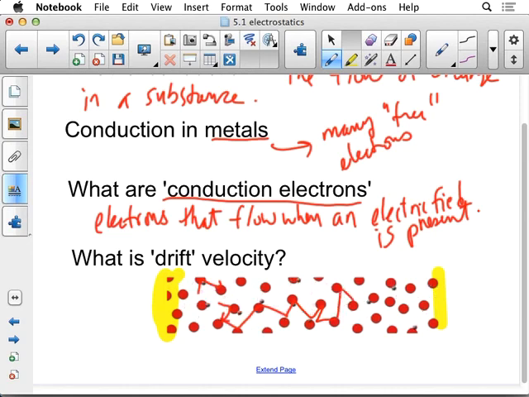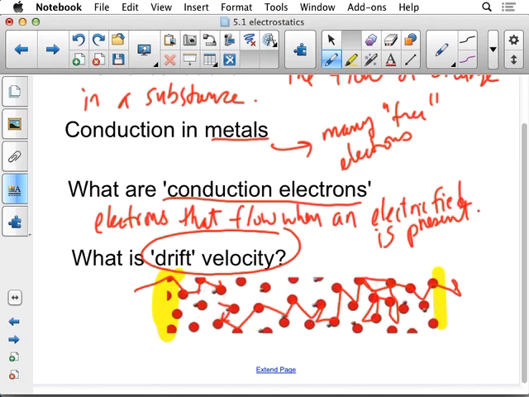Kind of like pinball, right? And of course I'm making this up. But on average, they might even go backwards once in a while and eventually make their way out of the metal.